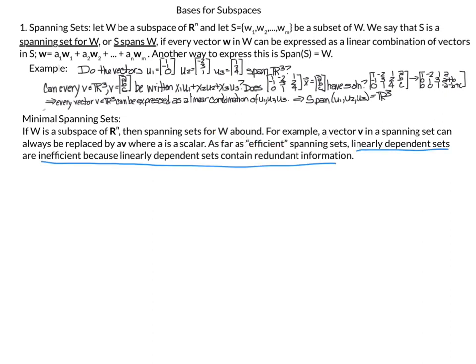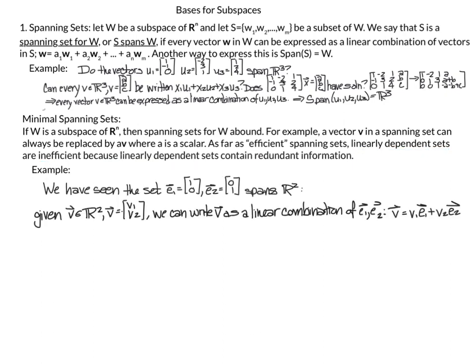And the key is that linearly dependent sets are inefficient, because linearly dependent sets contain redundant information. For example, we've seen the standard basis will span R2, so e1, (1, 0), and e2, (0, 1), will span R2, because given any vector in R2, which we'll denote as v1, v2, we can write v as a linear combination of e1 and e2.